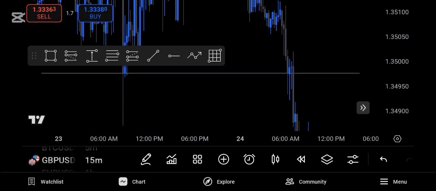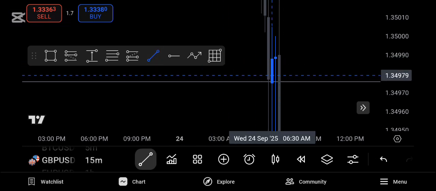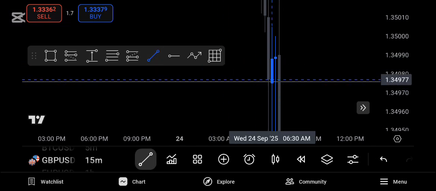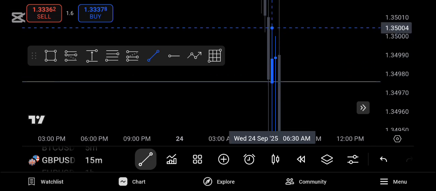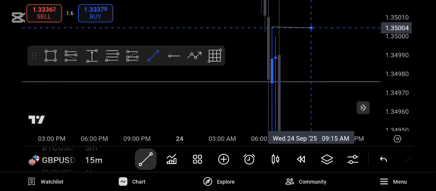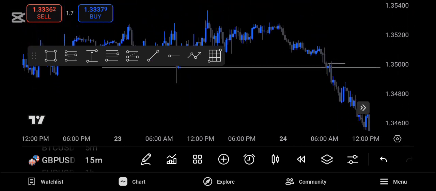So price closed below it. As you can see, this candle closed below there. You understand? So this candle is the one that closed below here. So this becomes our inducement.